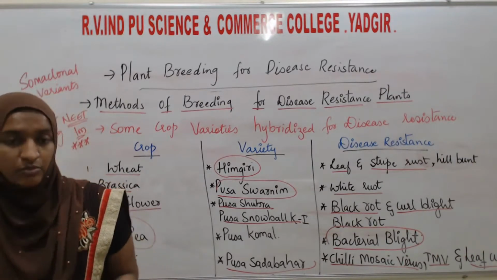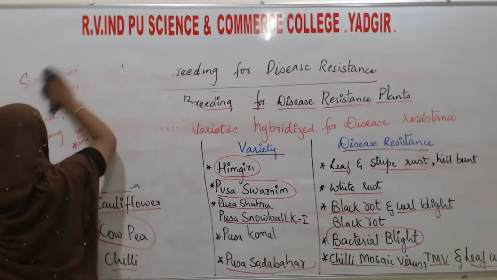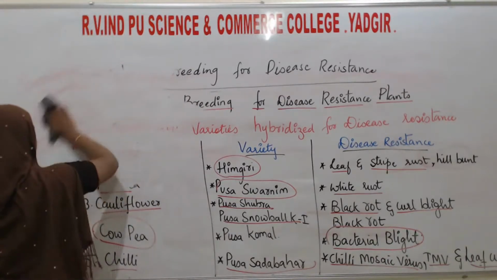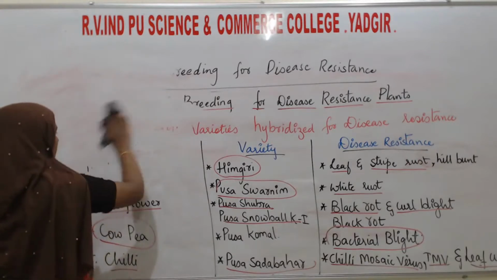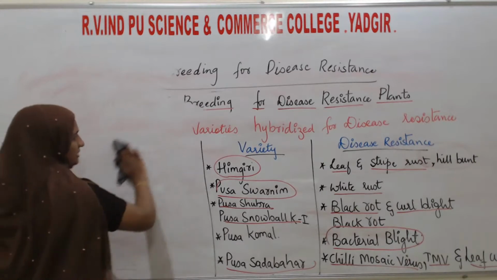What are the important questions on this topic? Explain the different steps of the plant breeding technique, which will be asked for 5 marks.